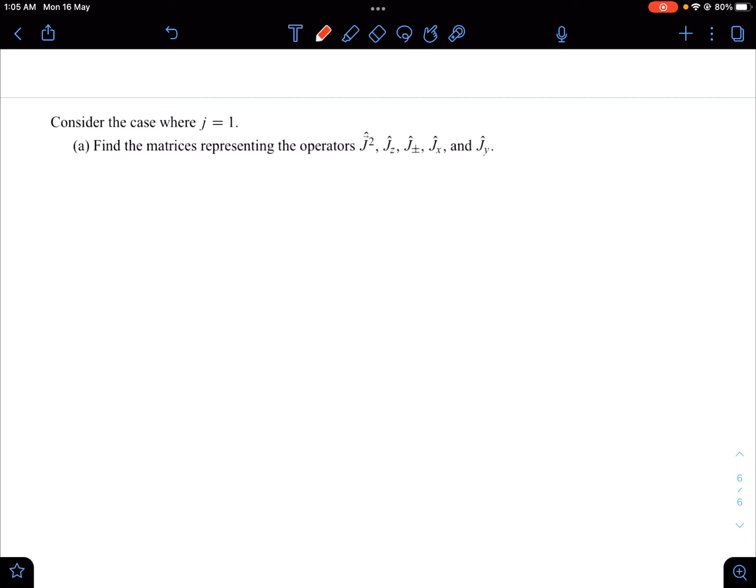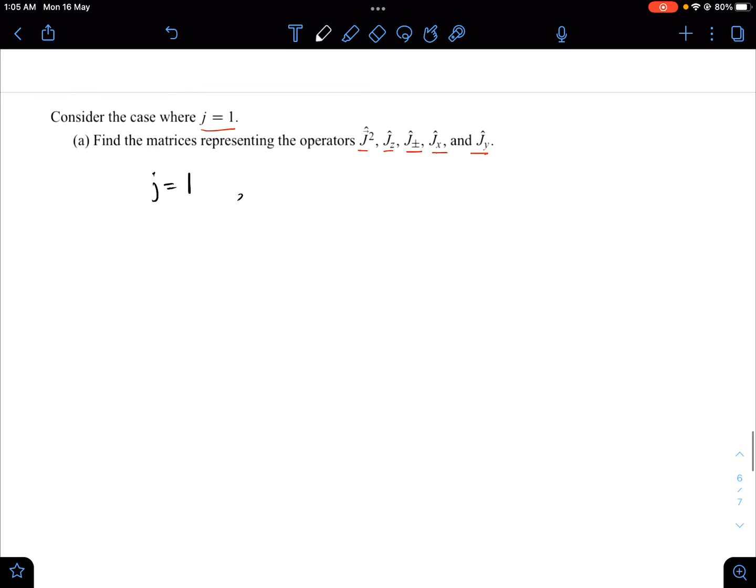So let us move to the last problem of today's video. Here we have the case where j value is 1 and we have to find the matrix representations of these operators. So let us solve this. We have here j value to be 1. What can be the possible m values? The m values are -1, 0 and 1.